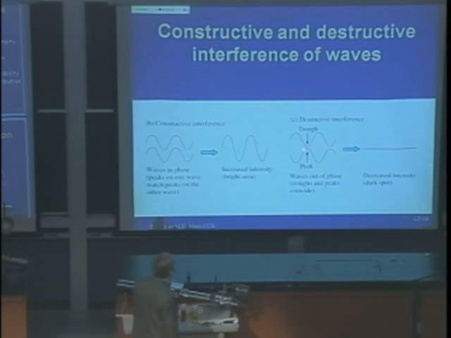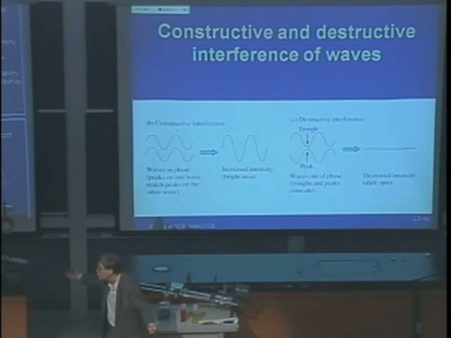Now you have where the troughs and the peaks are out of phase. You see this one has a peak here and a trough here. No, you have a trough and a peak, I'm sorry. You have a peak and a trough here. So you add them up, there's zero. It's dark. You don't see anything.